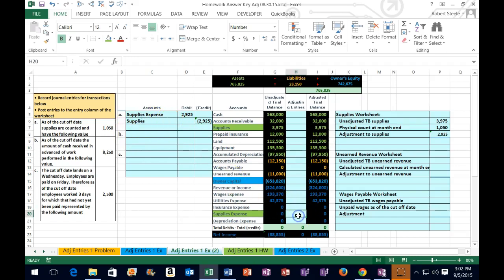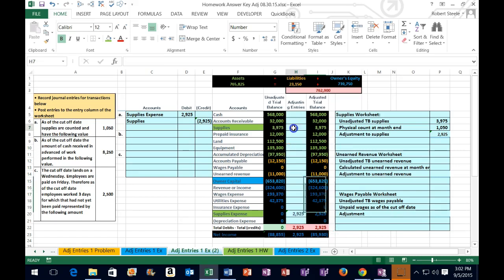Down here in cell H20, we'll say equals, and we'll post this expense. When we hit enter, this will go up, take us out of balance, and bring net income down. So notice net income went down from 88,855 to 85,930, and that's going to be these accounts, revenue minus the expenses.